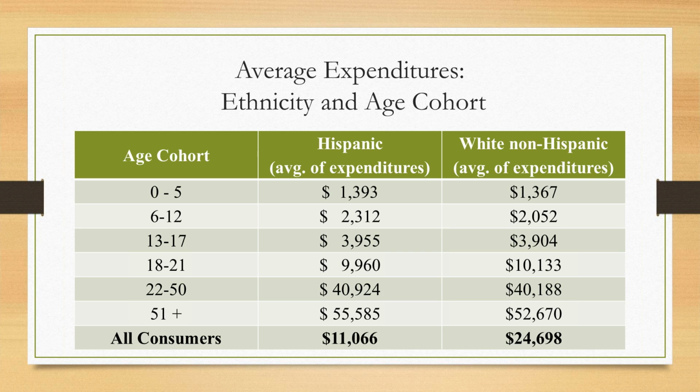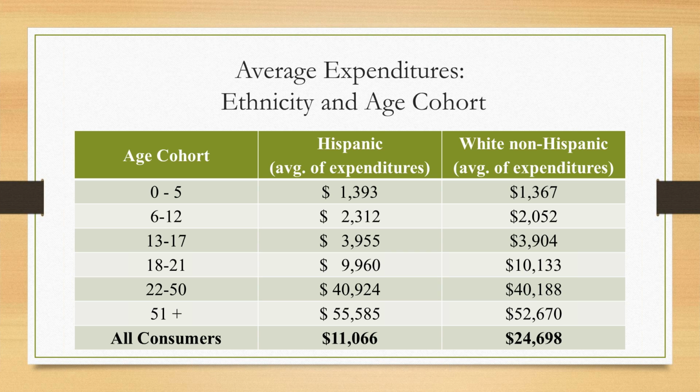Now, take a look at a bivariate display. You can see that on the left-hand column we have the age cohorts, and then we have the expenditures compared for Hispanics versus white non-Hispanics. In this particular instance, it's interesting if you do a pairwise comparison for each of the individual age cohorts, you'll notice that actually the Hispanics are larger overall, with the exception of the 18 and 21 age group.